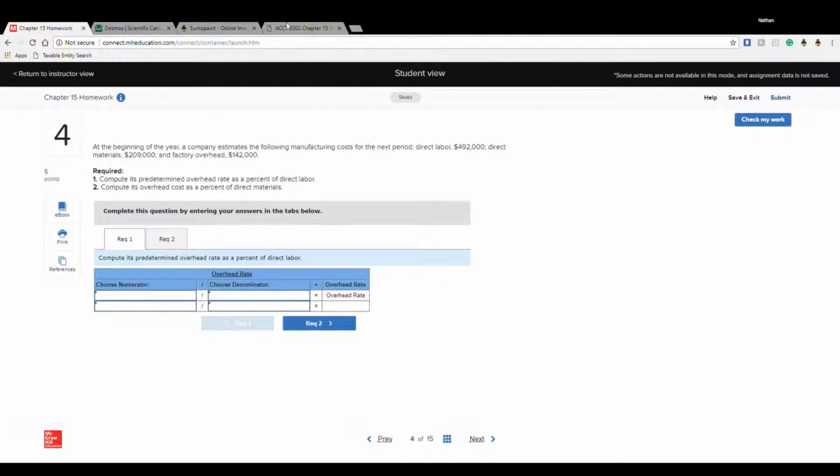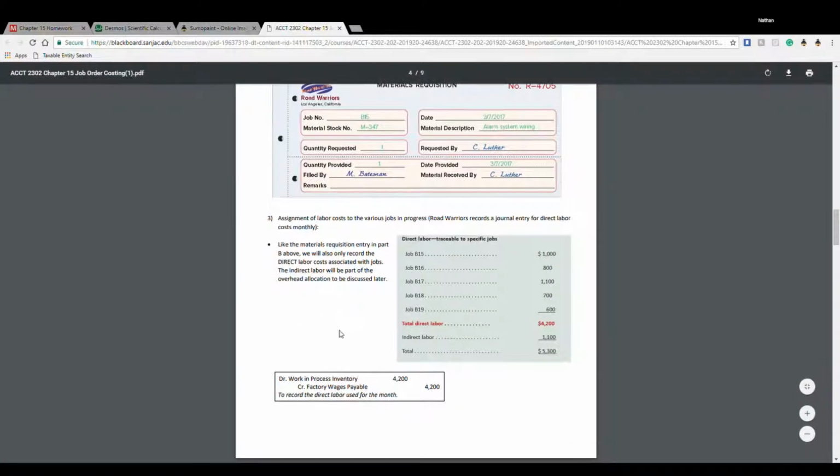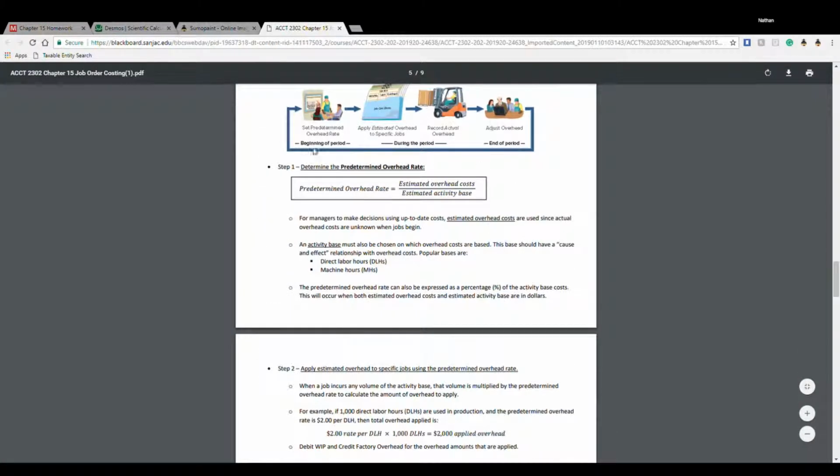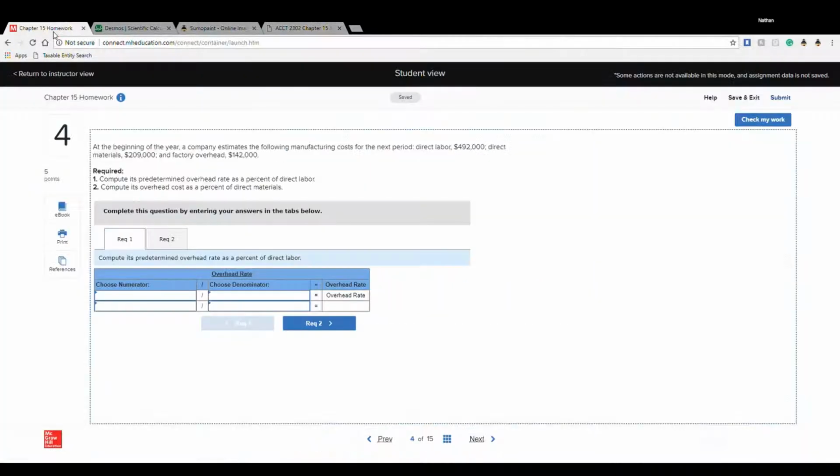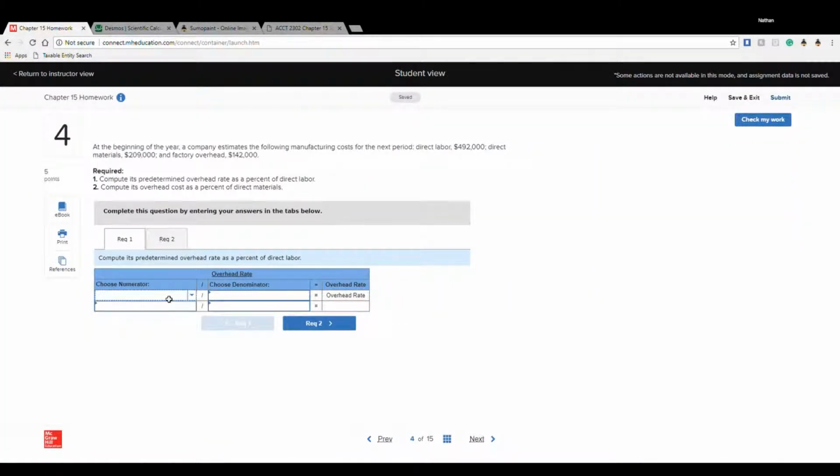No problem here. Again, if I want to check my notes, I can find it right here. This is how we figure it out. It's always estimated overhead cost divided by whatever estimated activity base. So on my notes, it's always overhead. And since we're doing direct labor, we use estimated direct labor.